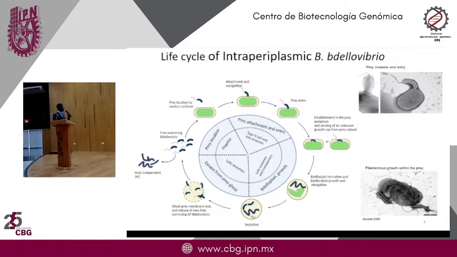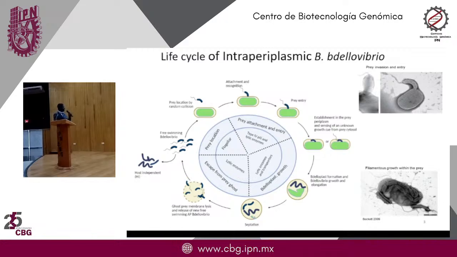And like I said, Bdellovibrio can also be isolated using antibiotics, selection pressure, and diaminopimelic acid to isolate them as host independent. Here are some microscopic diagrams. Here we see the invasion process where Bdellovibrio attempts to enter the prey.